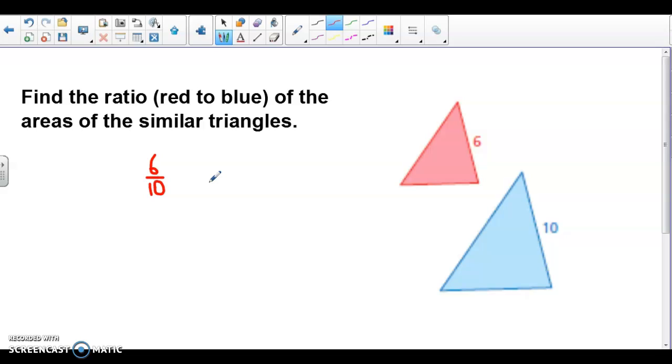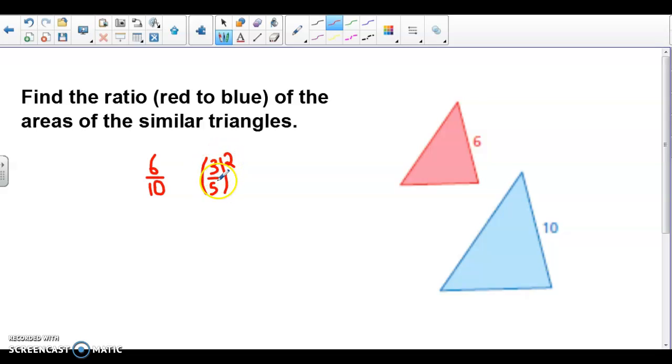If it's possible to simplify it, then you'll have smaller numbers. So 6 over 10 can be simplified to 3/5. So that's the ratio of the corresponding side lengths from red to blue, 3 to 5, because it's 6 to 10. So now to find the ratio of the areas of the similar triangles, we will square them.